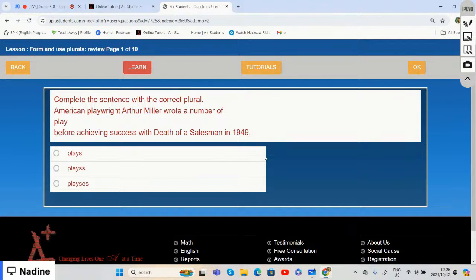American playwright Arthur Miller wrote a number of plural of play, before achieving success with Death of a Salesman in 1946. Play. What is the plural form of play? Option 1, 2, or 3.